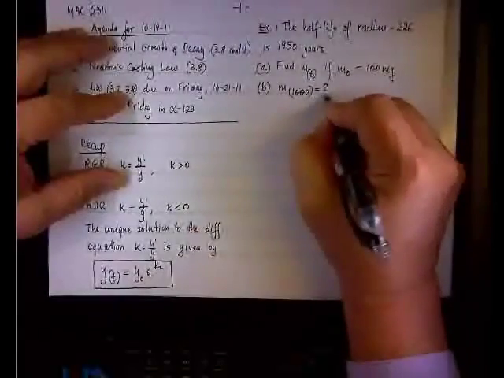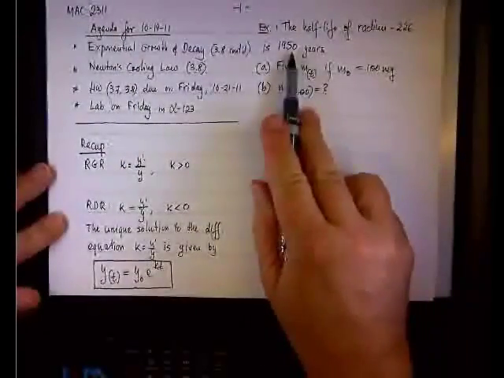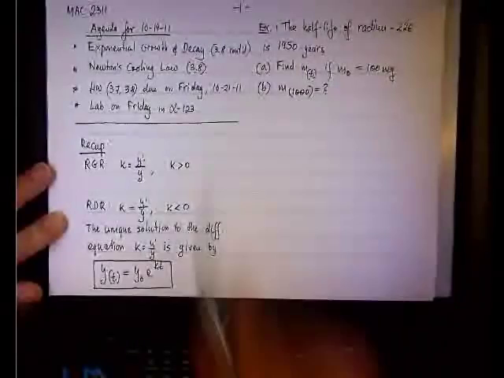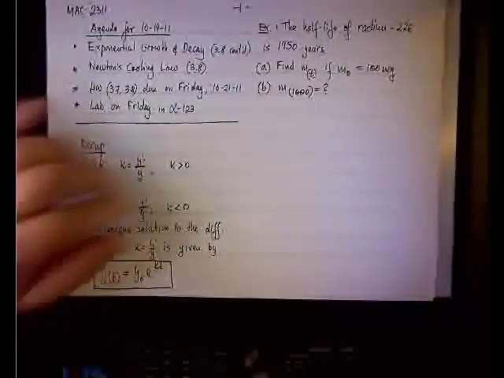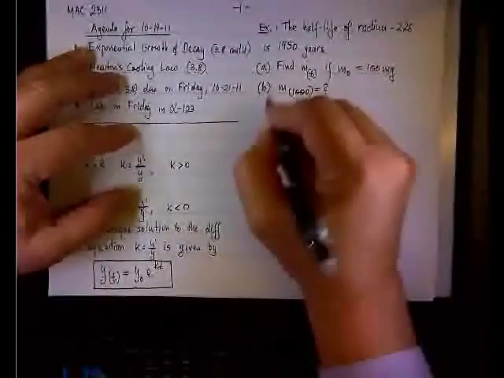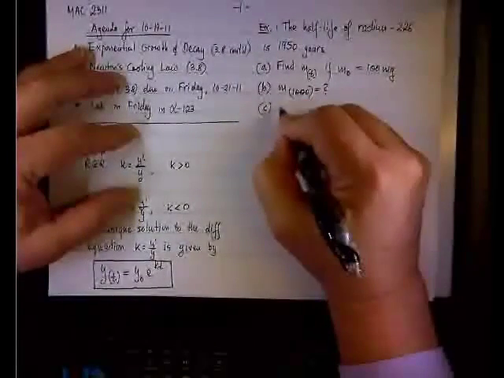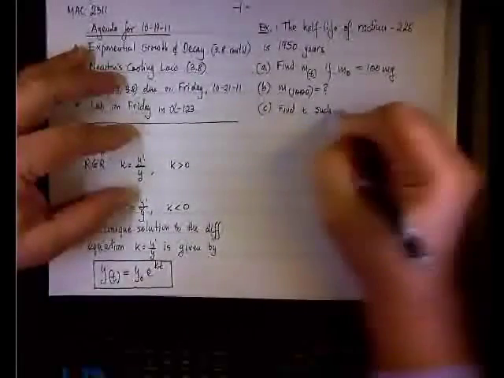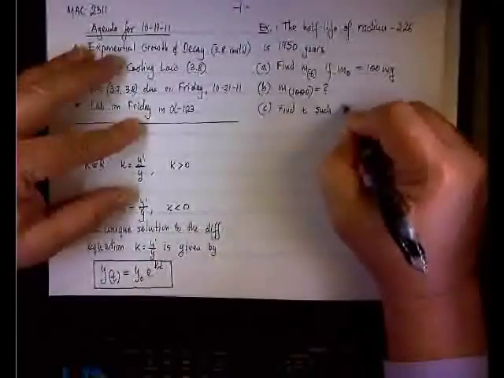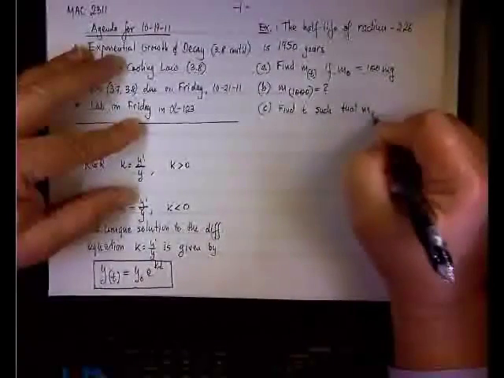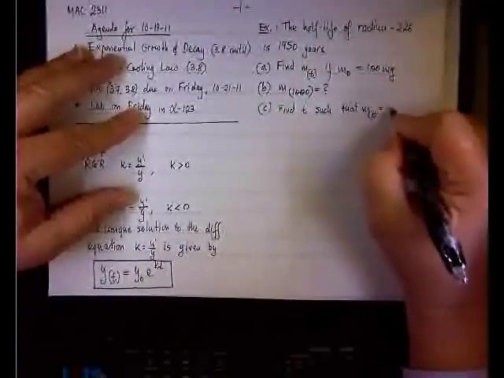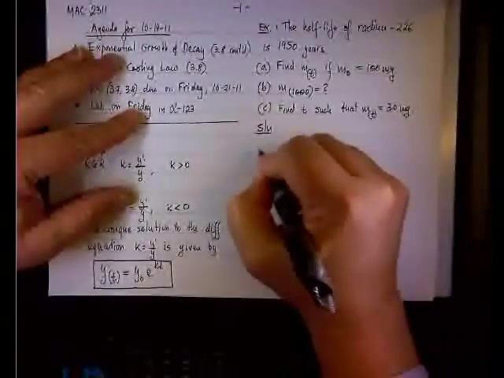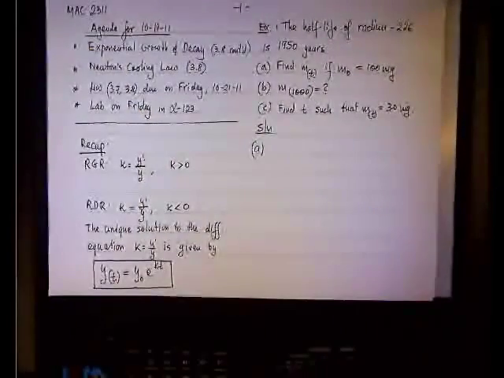Well, we know off the bat that it will be more than 1/2, because it takes almost 2,000 years to reduce the initial quantity to 1/2. And part C: find the time t such that m of t, the mass, is 30 milligrams.